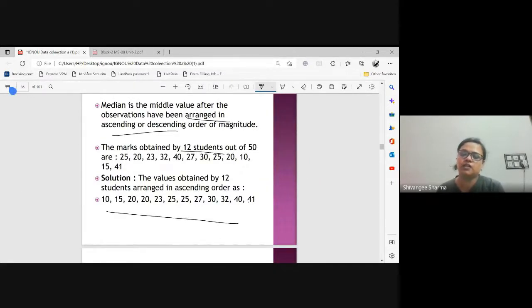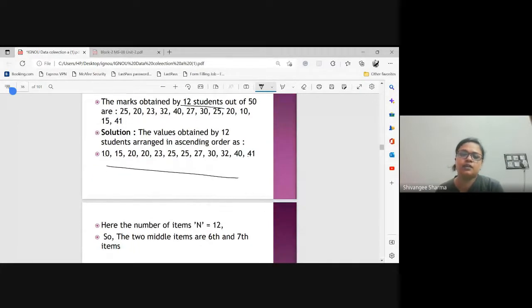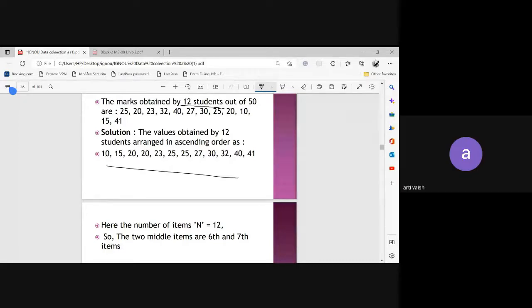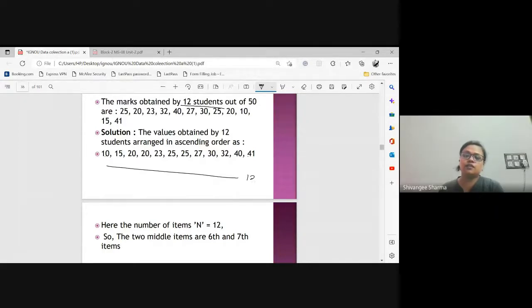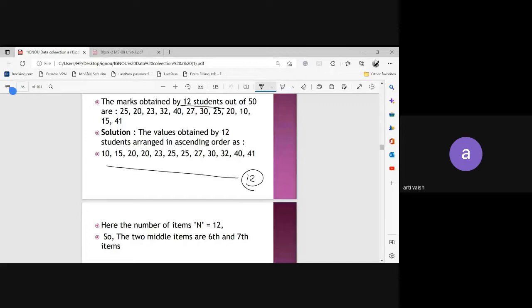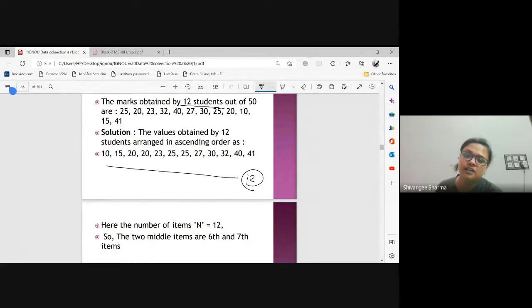Smallest to the largest. Then you have to identify the middle value. The number of items in this data set is 12, right? So you cannot identify a clear middle value because the middle value will be either the sixth or the seventh.